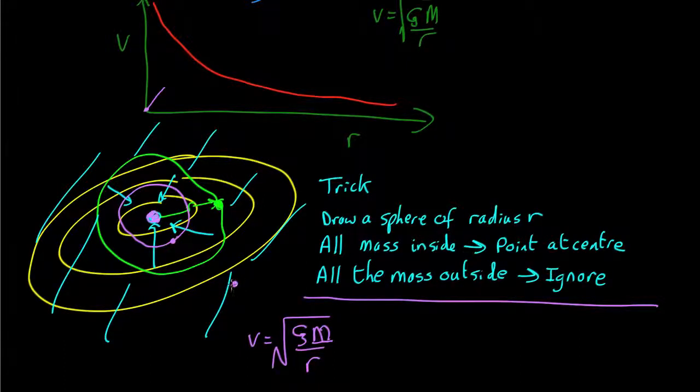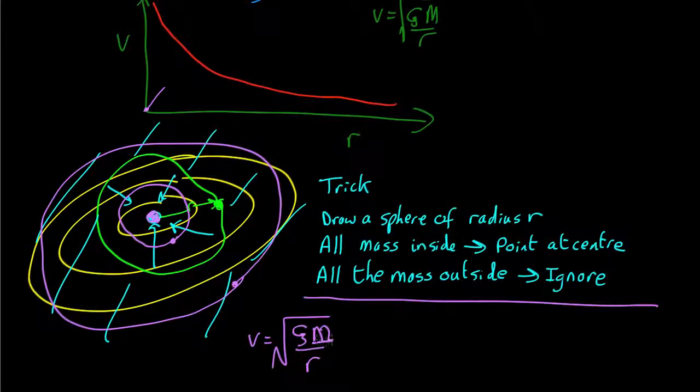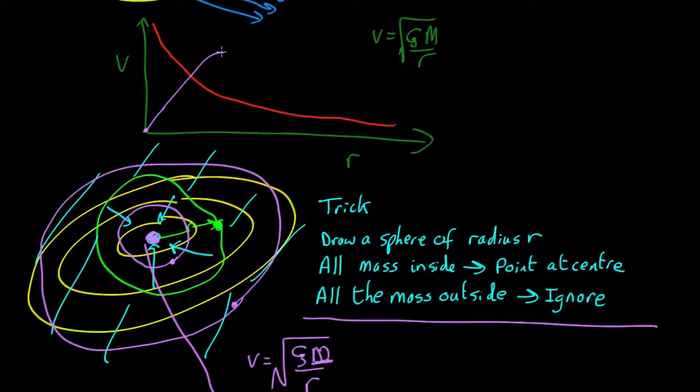Eventually you get to the edge of the galaxy, and now your sphere includes all the mass in the galaxy, so that's now the mass of all the stars in the galaxy. So that's probably about where you're going to get your peak velocity. And then when you go further out still, say over here, r has got larger. M can't get any larger because you've already got all the stars inside. So now it starts behaving like 1 over root r, as you expect.